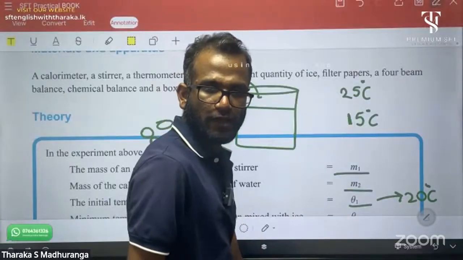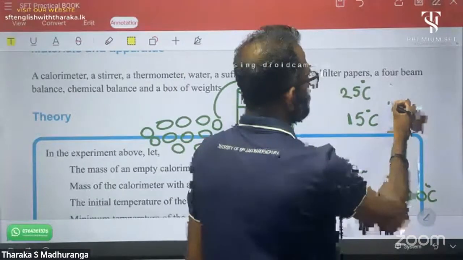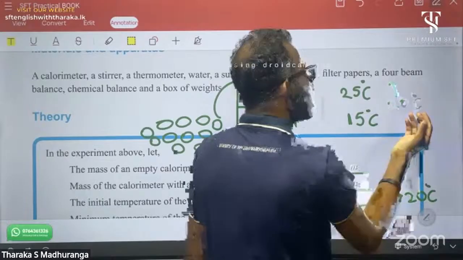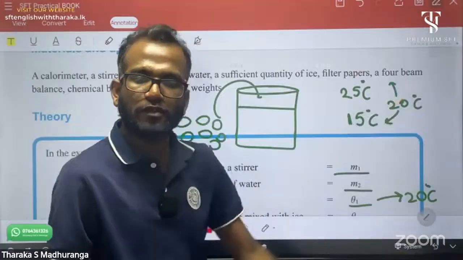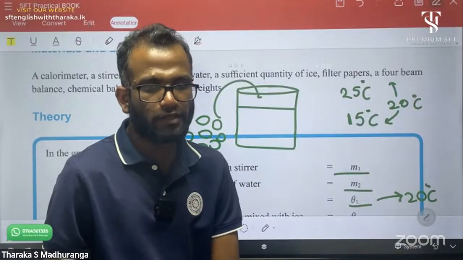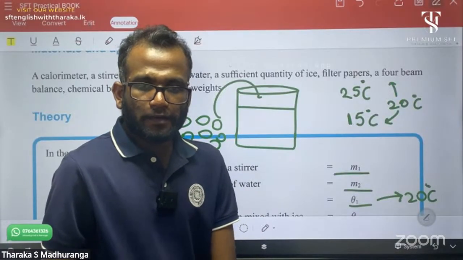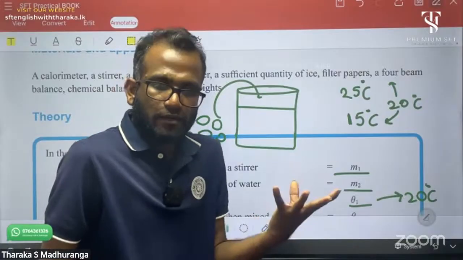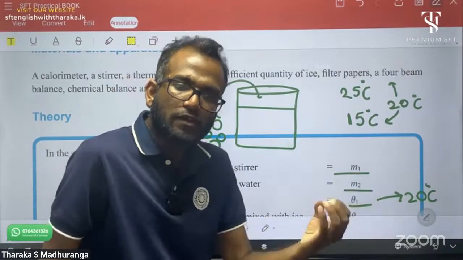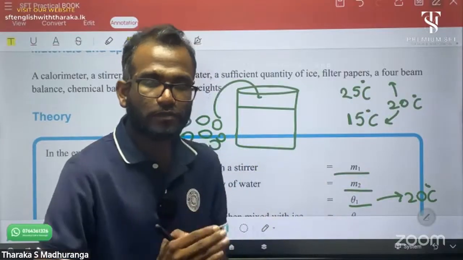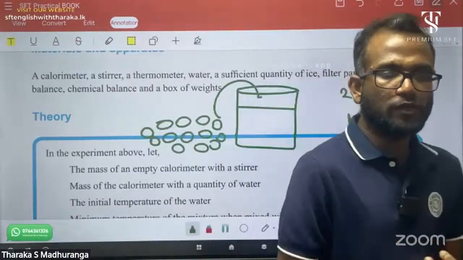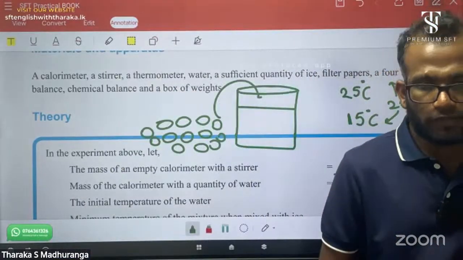Then what happened? In the heating process, the heat released is equal to the heat absorbed in the cooling process. So there is no net heat loss or heat absorbed. In the increasing time, the heat released equals the heat absorbed in the cooling time. This is one trick used in this experiment to avoid heat loss or absorption.